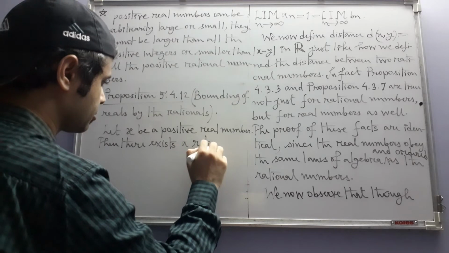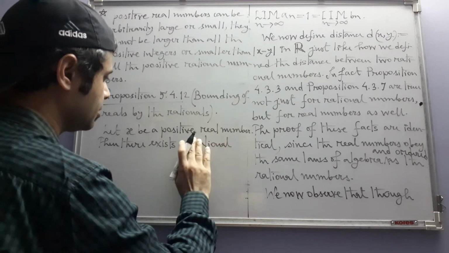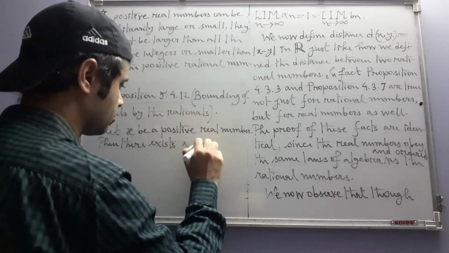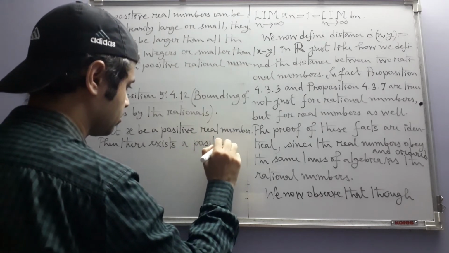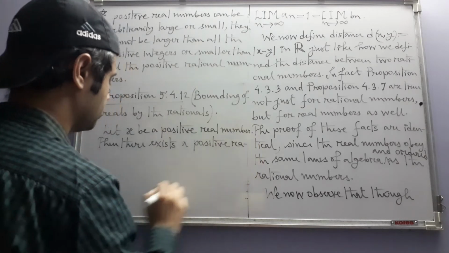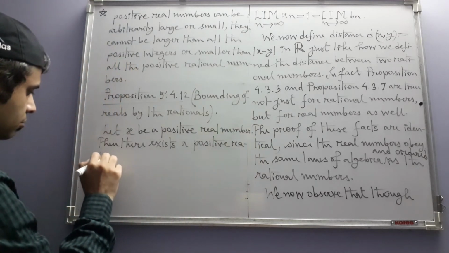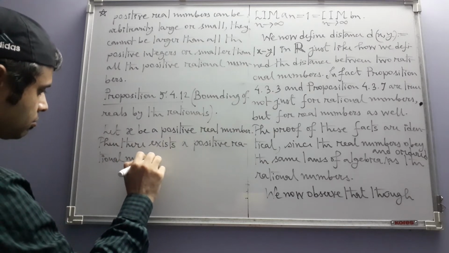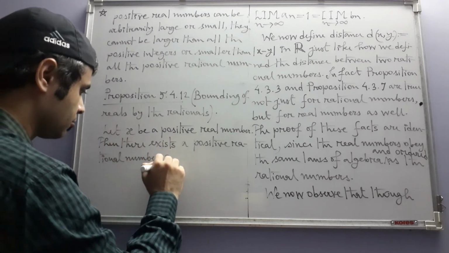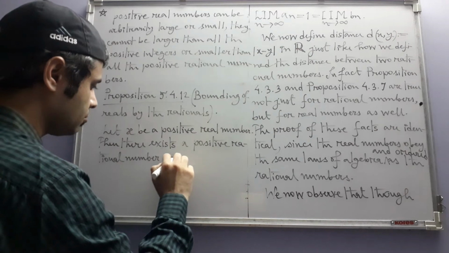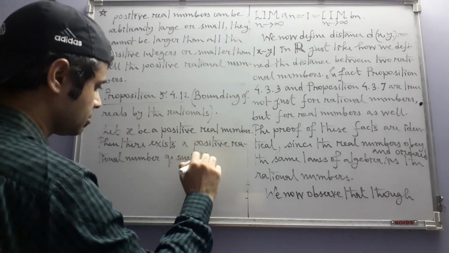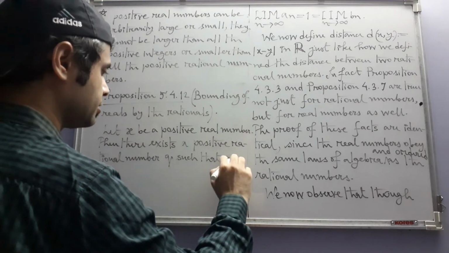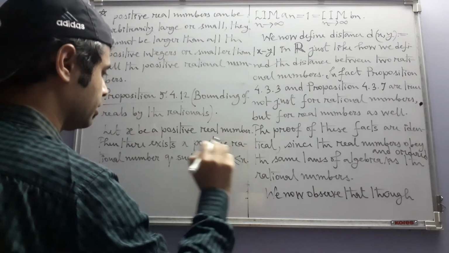Let's write the rational first. In fact, a positive rational number Q such that Q is less than or equal to x.